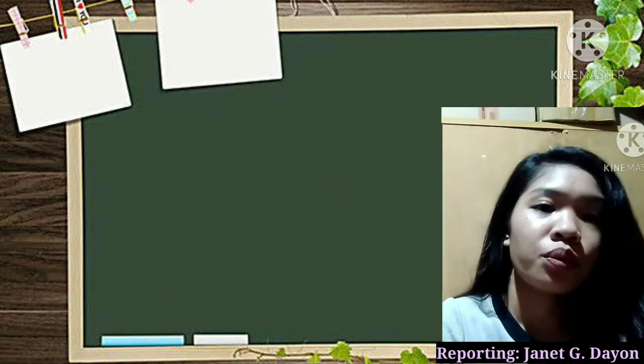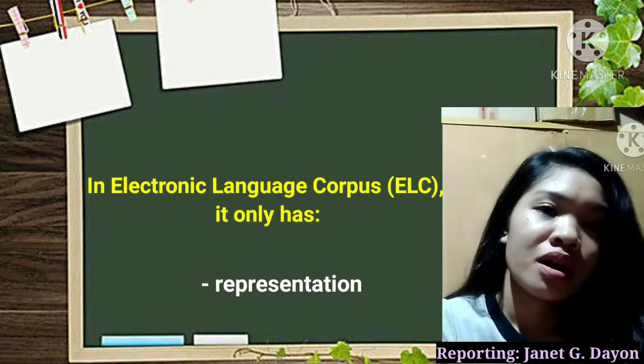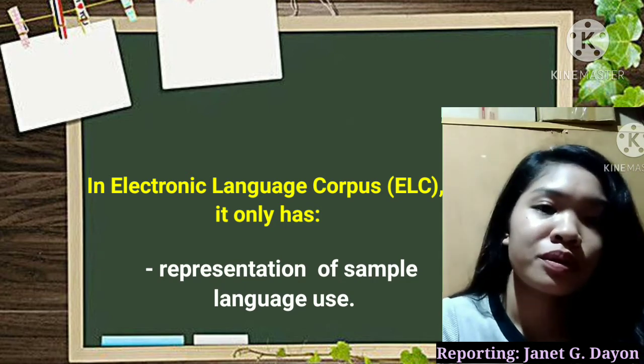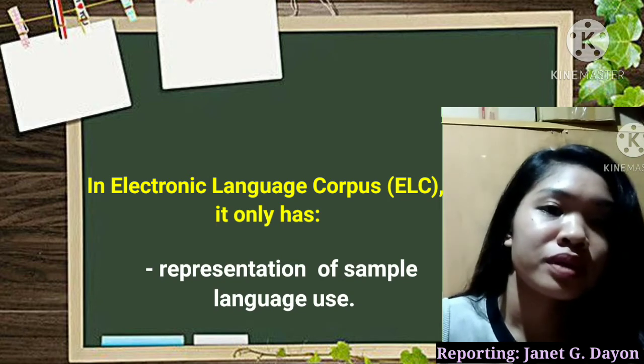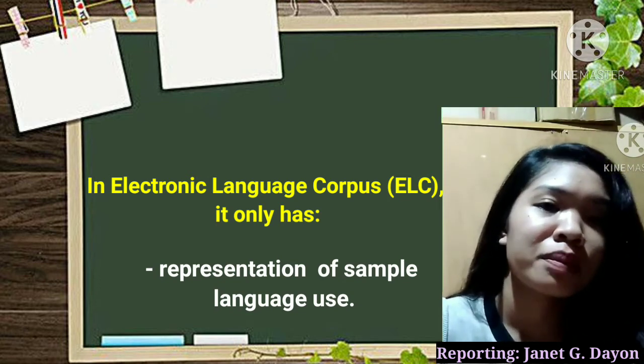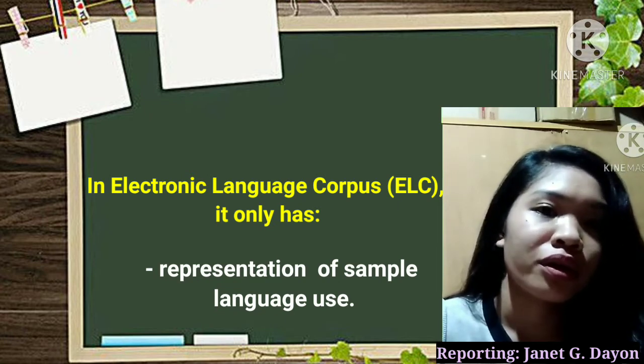In ELC, or electronic language corpus, there is a representation of the sample language used, because imagine there are a lot of people who are using technologies. It can be computers, tablets, phones, laptops, and more.